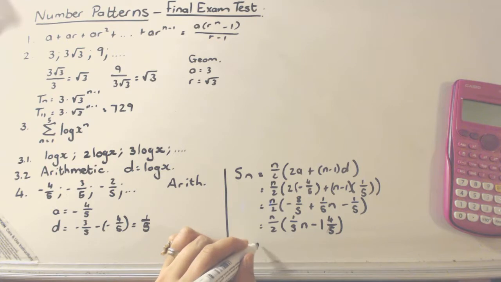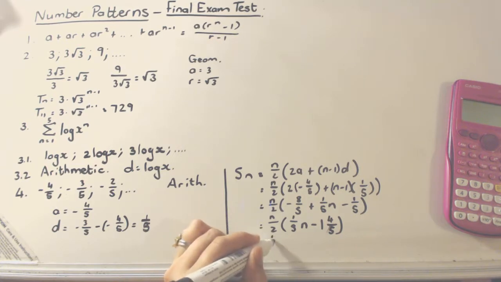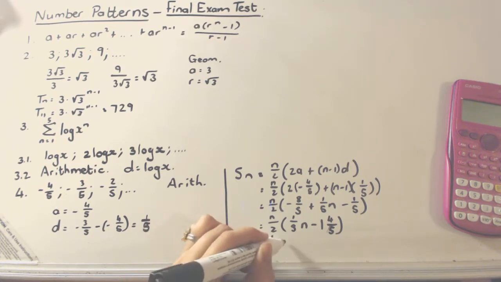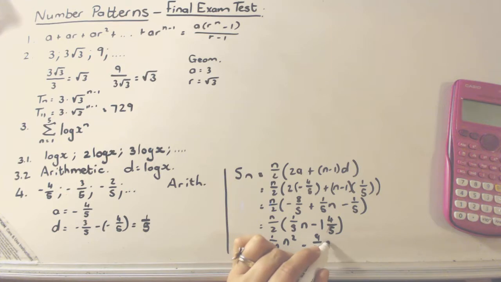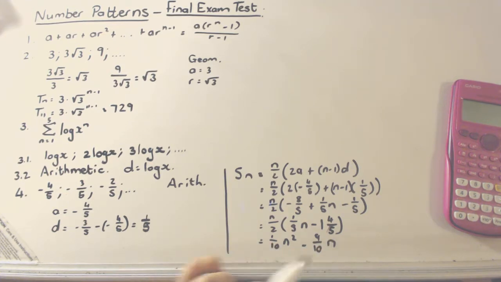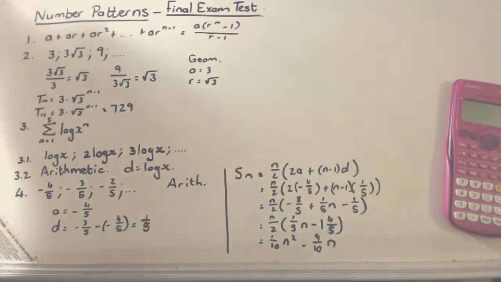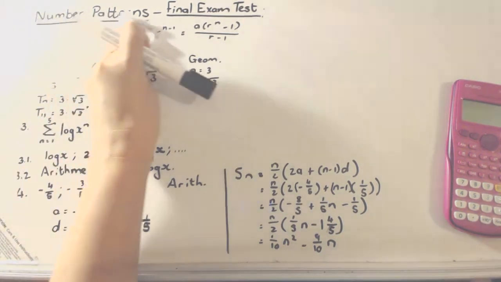Then you have, just to show you, 1 over 10 n squared minus 9 over 10 n. Okay, so that is then in its simplest form. Right, so question 5.